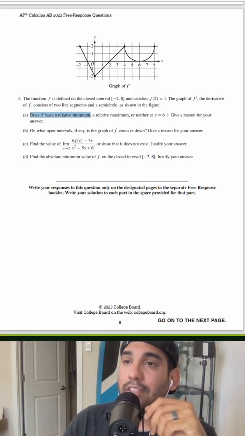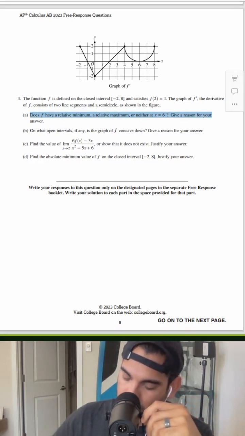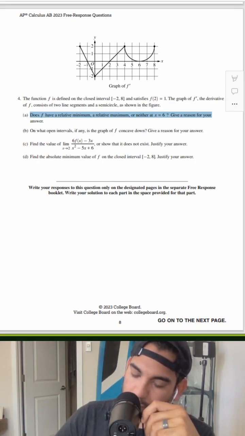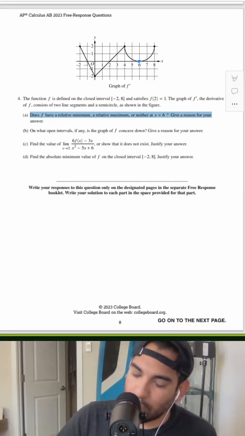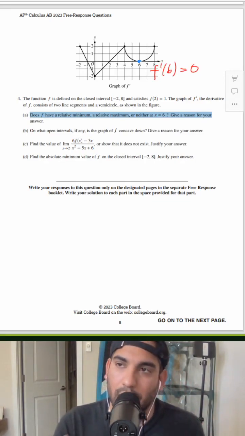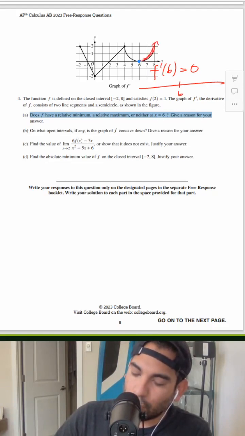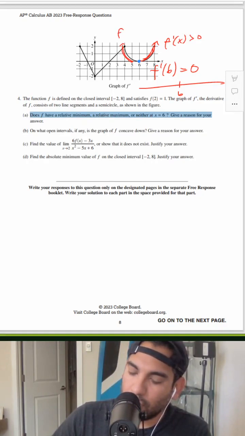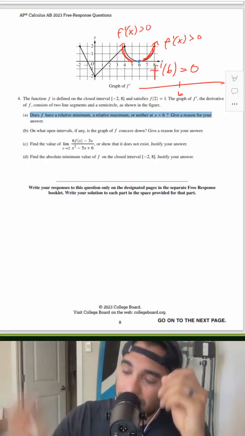Does f have a relative minimum, a relative maximum, or neither at 6? Neither. Okay, so at 6, we know for sure that f prime of 6 is equal to 0 because that is the graph of the function. But if you notice, to the right of 6, the derivative is positive, and to the left of 6, the derivative is also positive. So a lot of people are going to say this is a minimum, but this is the graph of the derivative.